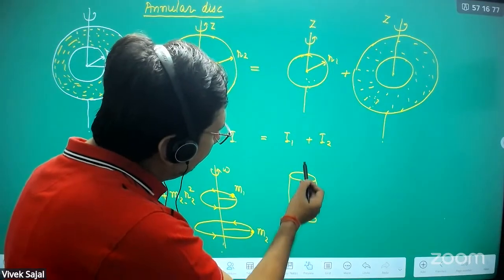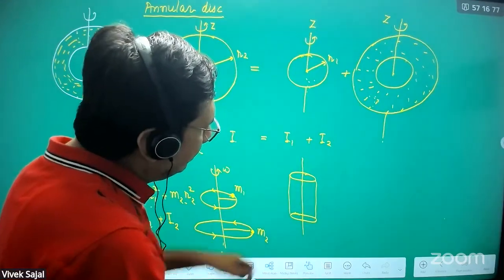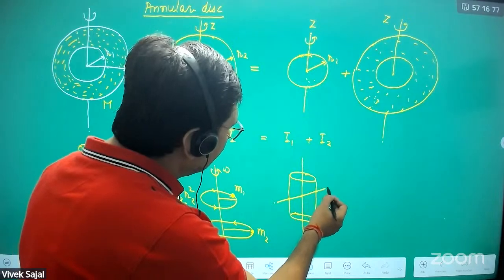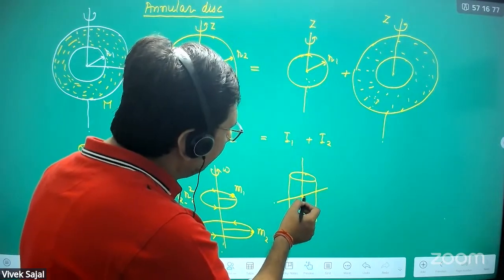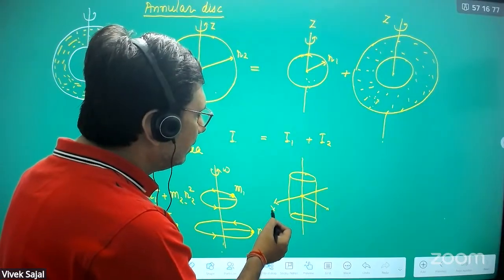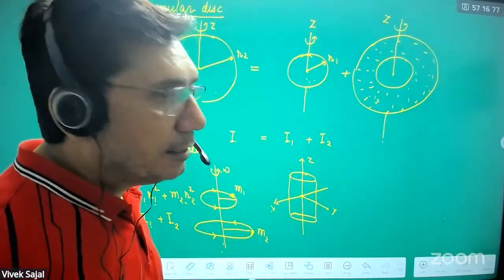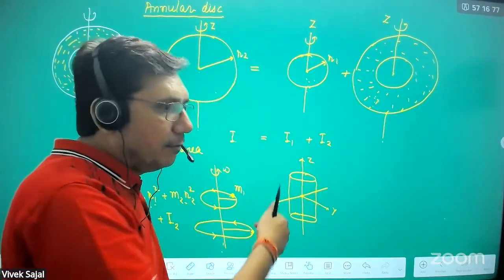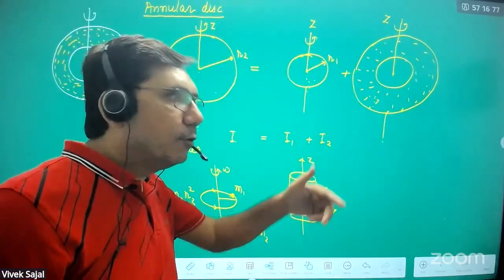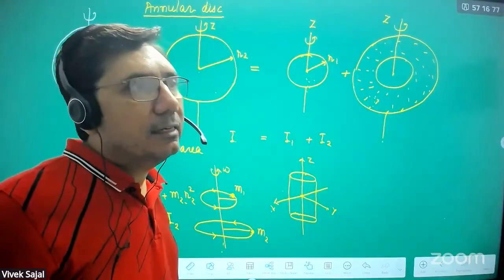So what I do is choose three wires and fix them like this. This will be the x-axis, another here somewhere will be the y-axis, and this will be the z-axis. So three wires I have fixed with this body. When this cylinder moves, if it is undergoing only translational motion, it is okay.